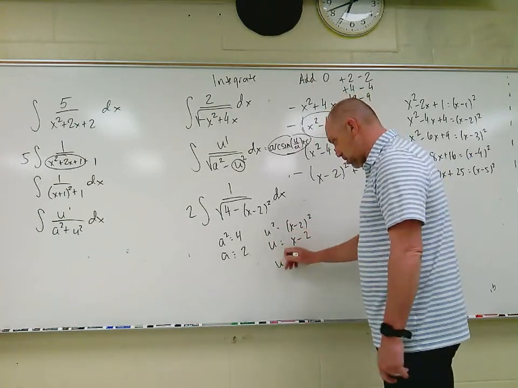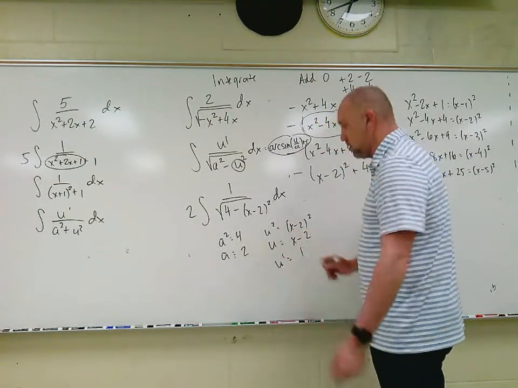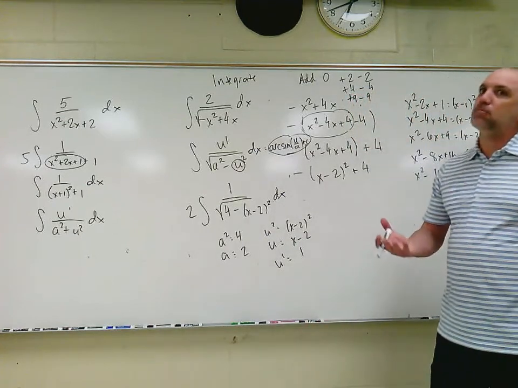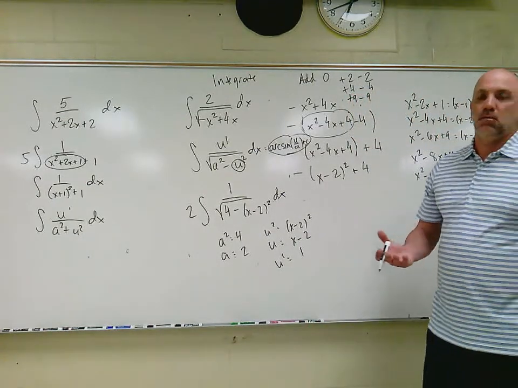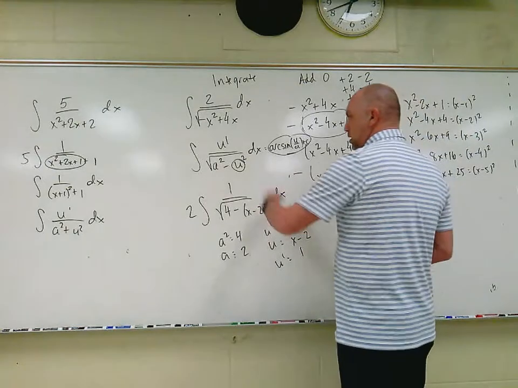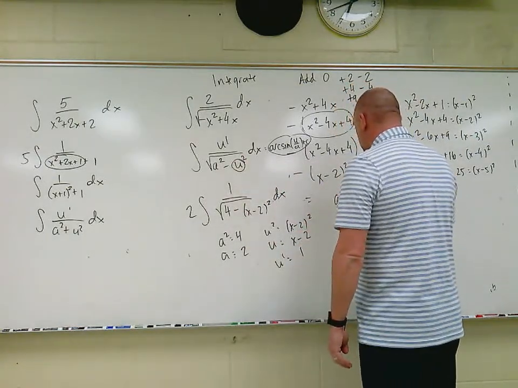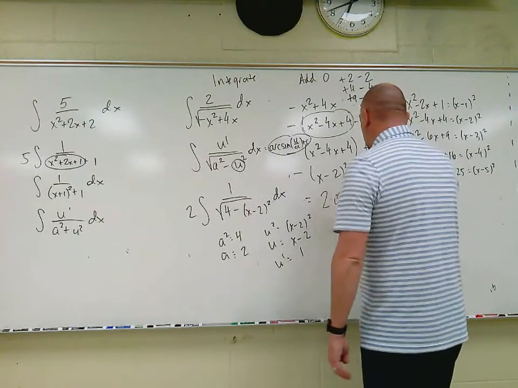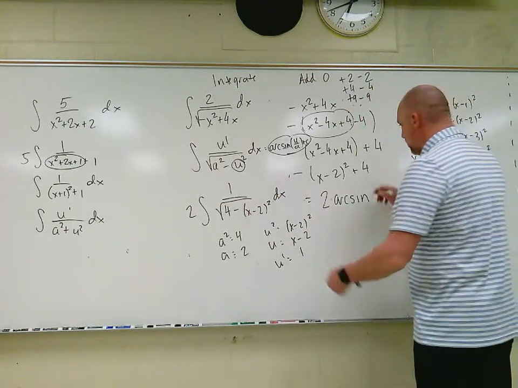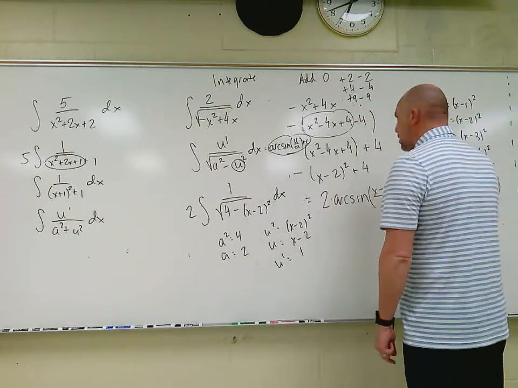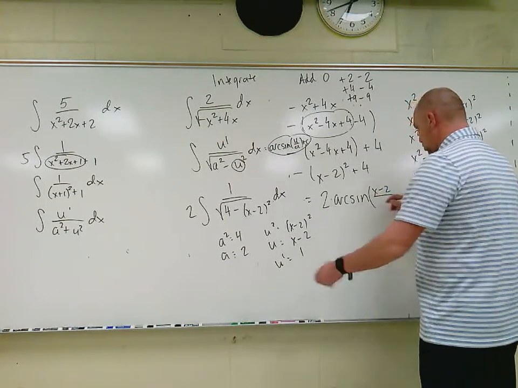So u prime is what? 1. It's all about rewriting it. Once you rewrite it, now it matches it perfectly. So our answer is just arc sine, oh, I got a 2 in front, sorry. U over a, u is x minus 2, and my a is 2.